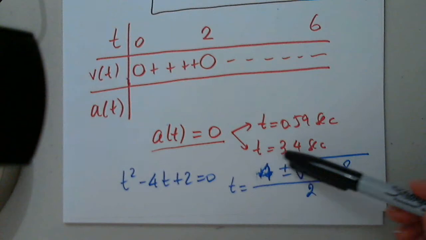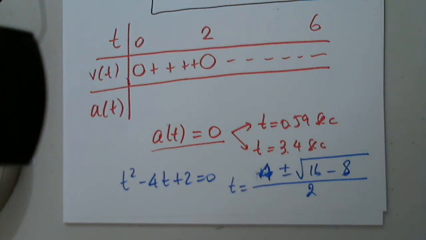So if you punch this in the graphing calculator, you will get the same solutions. Do you understand the steps here? Yes. Perfect. So let me show that. If you don't want to use this, then you will carefully put parentheses around the top, 4 plus the square root of 8.